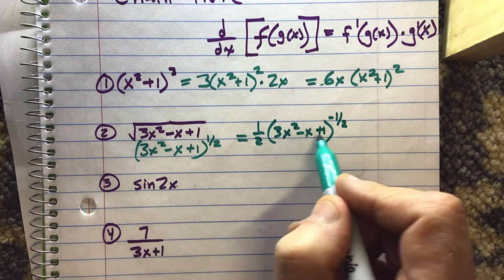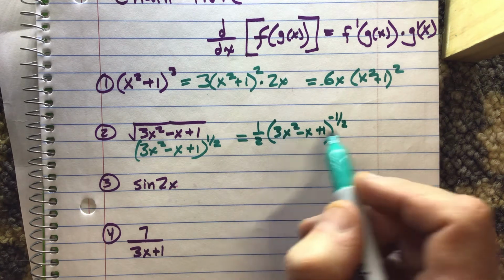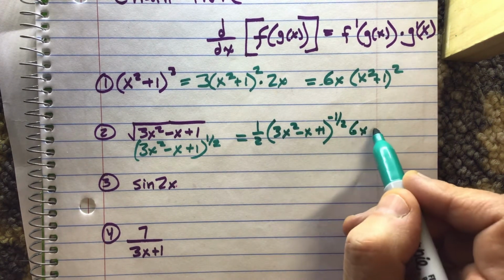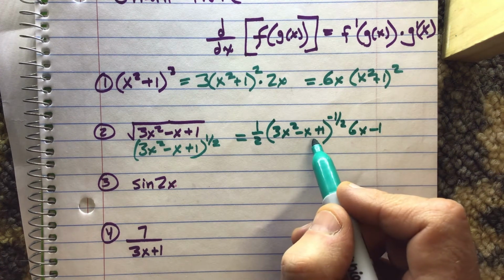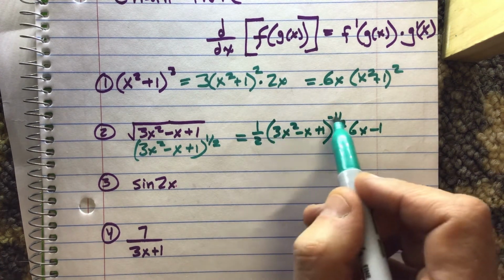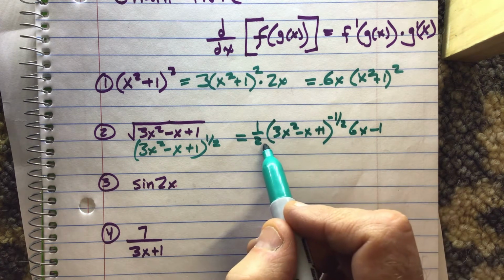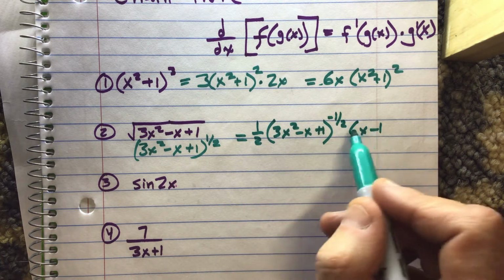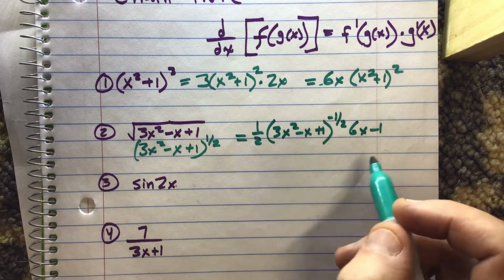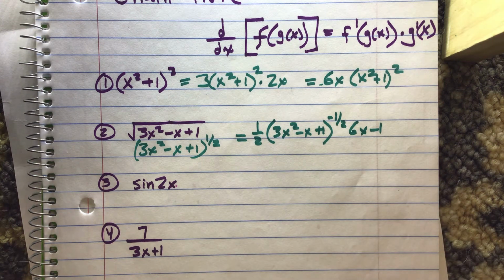And the derivative of the innermost piece would be 3 times 2, which is 6x minus 1. Okay, this can go in the denominator because it's being raised to a negative exponent, and the 2 is in the denominator. The 6x minus 1 is in the numerator times 1. So if I clean this up, I'll do it in another color so we can see.